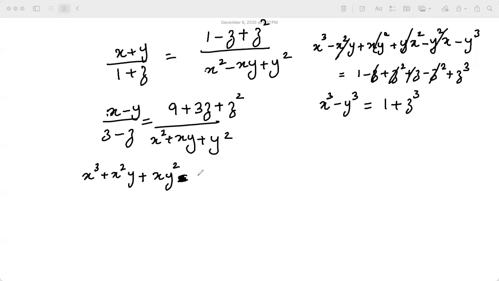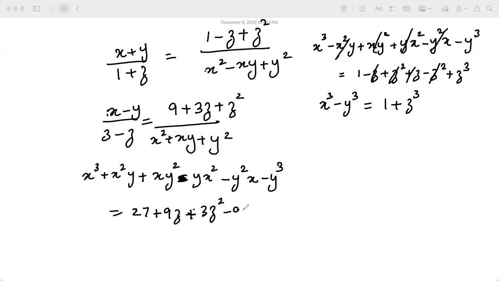For the second, minus yx square minus y square x minus y cube equals 9 times 3 is 27, plus 9z plus 3z square minus 9z minus 3z square minus z cube.